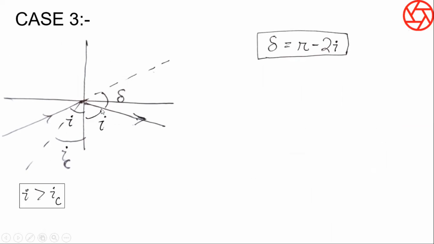To give you a glimpse of it, this angle is the angle of incidence, alternate angles, and this is of course the angle of incidence, taking the laws of reflection into consideration. And now this entire angle is pi. So delta is equal to pi minus 2i. And this is no doubt a linear relation.